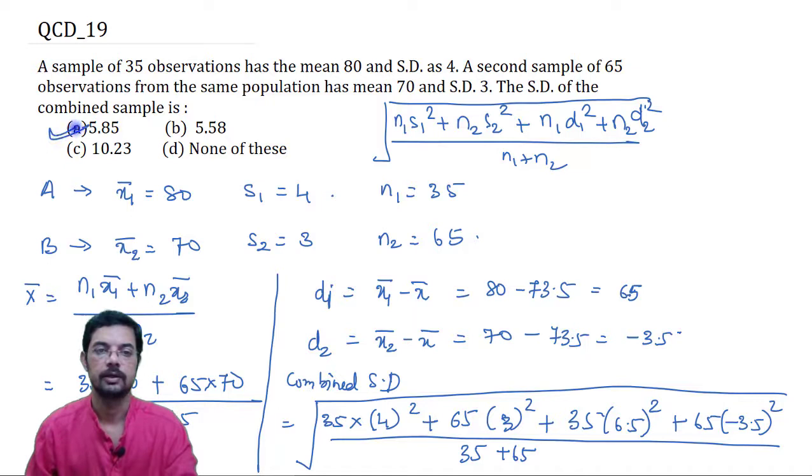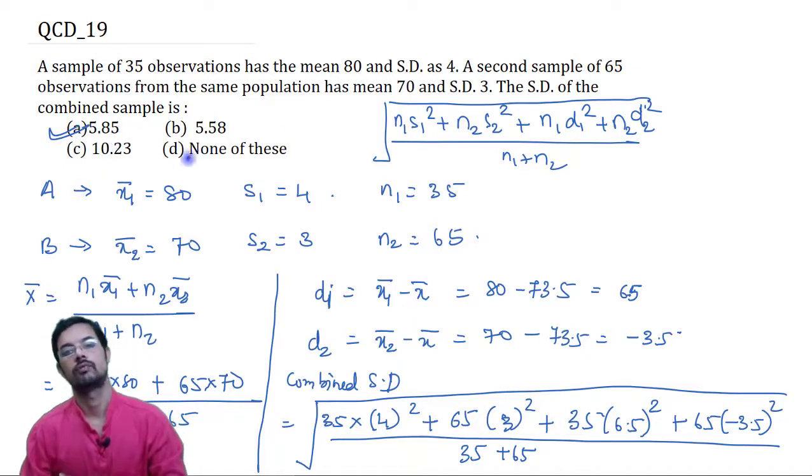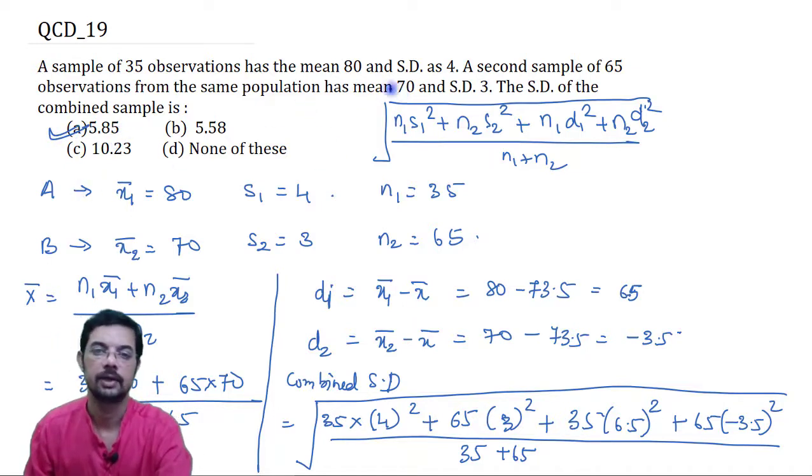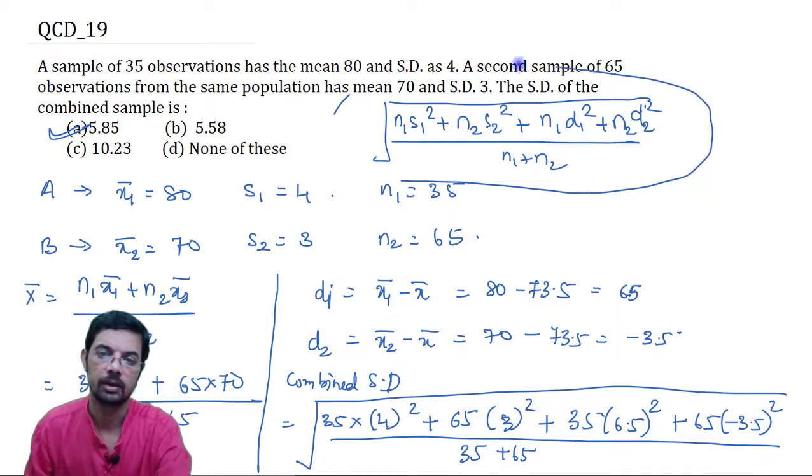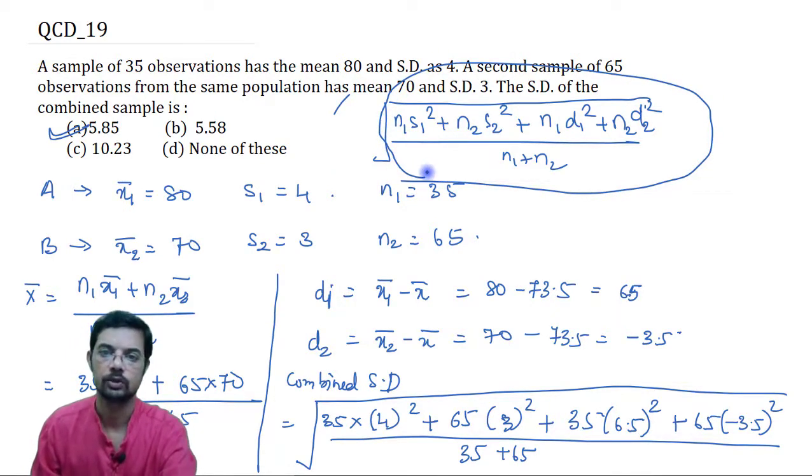Option A is the correct answer. We need to remember this formula to find the combined standard deviation: the square root of n1 into s1 square plus n2 into s2 square plus n1 into d1 square plus n2 into d2 square, divided by n1 plus n2.